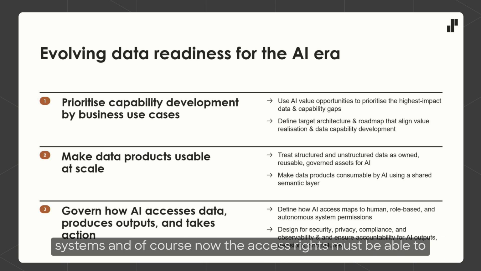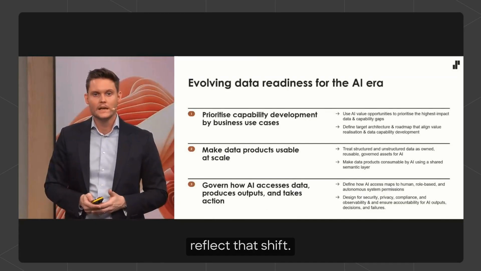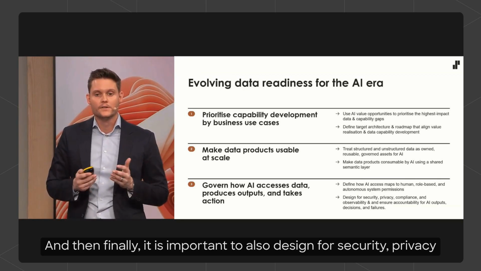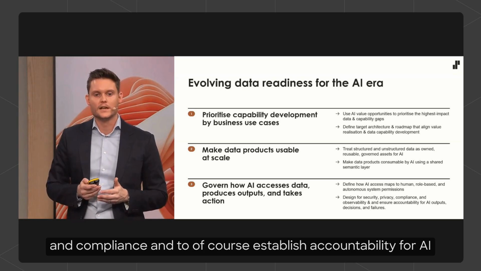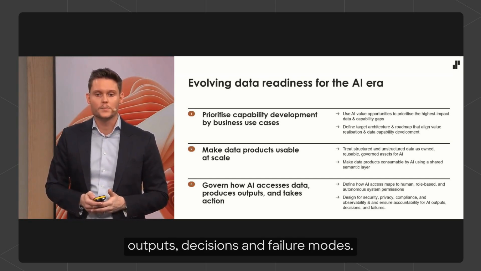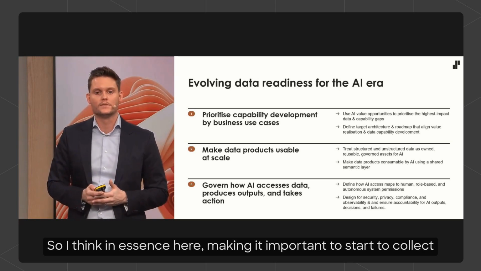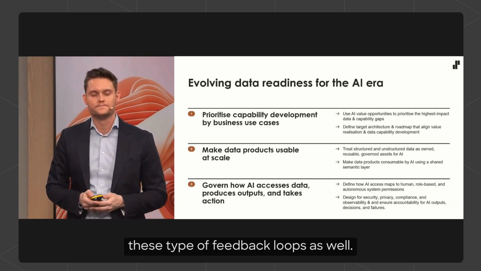And of course, now the access rights must be able to reflect that shift. And then finally, it is important to also design for security, privacy, and compliance, and to, of course, establish accountability for AI outputs, decisions, and failure modes. So I think, in essence, it is important to start to collect these types of feedback loops as well.